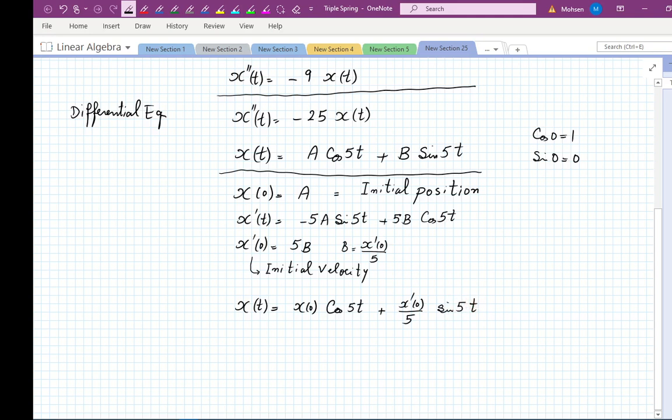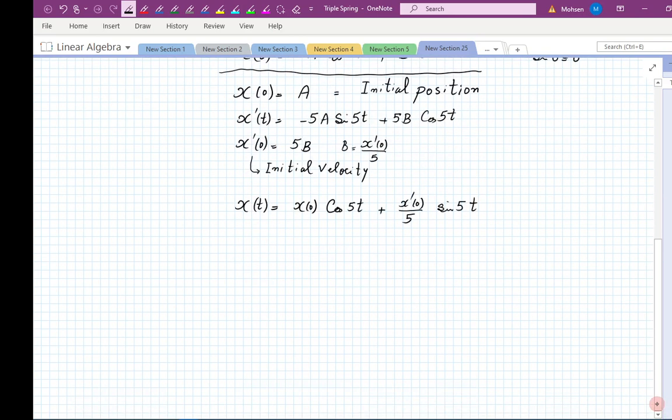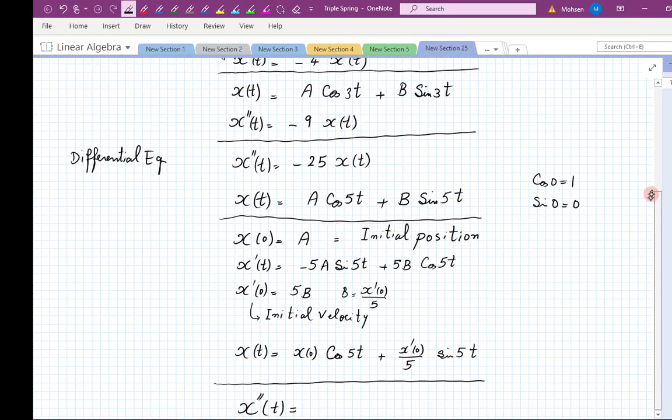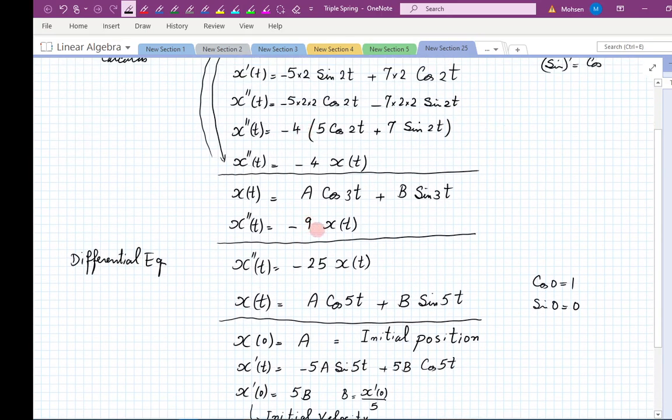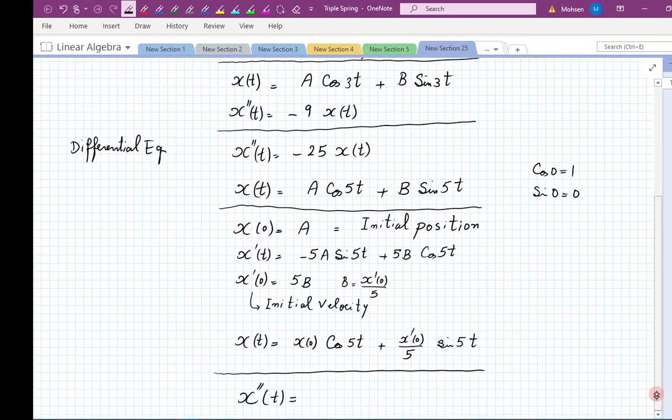Okay, now let's hope that we can put all of this in a general setting. Suppose I have an equation that says x double prime of t equals, now instead of all these examples that I had, 4 and 9 and 25, let's just put some arbitrary number here.